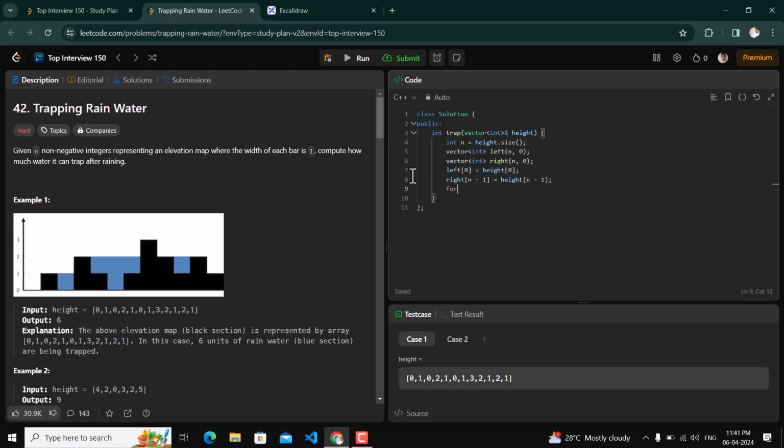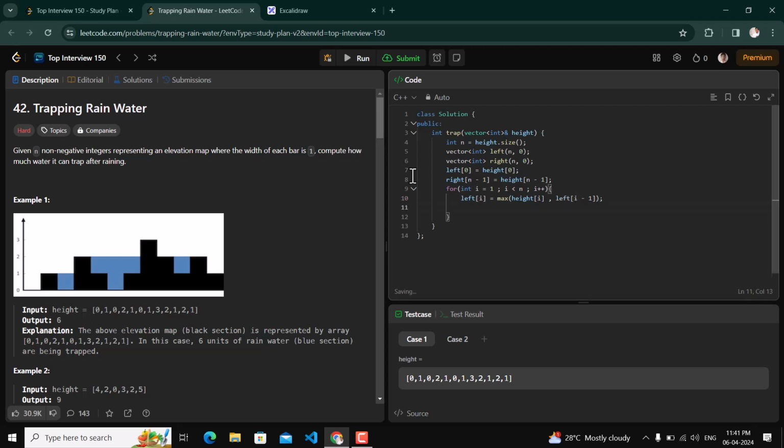Now we will iterate and first find the left. We will start from the first index, as we have already placed 0, i++. Now we will store left of i is equal to the maximum of the current height of the column and what we previously have in left, so left of i minus 1.